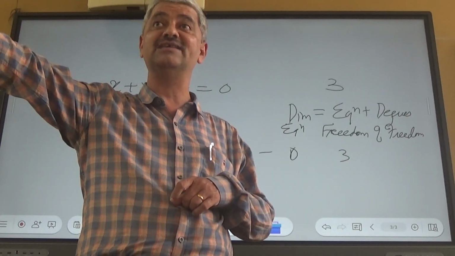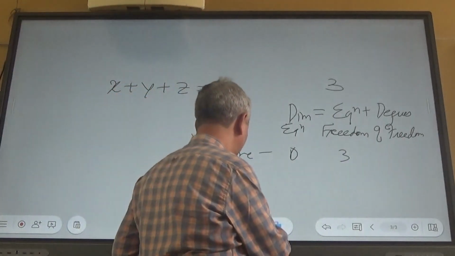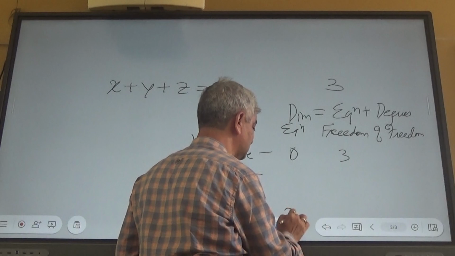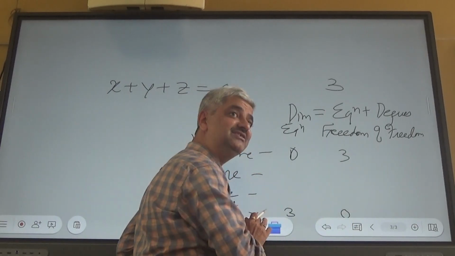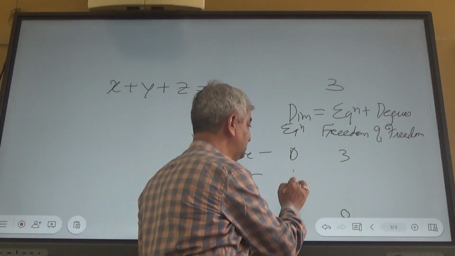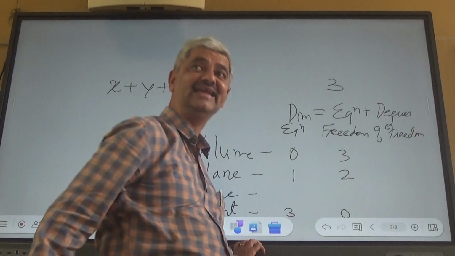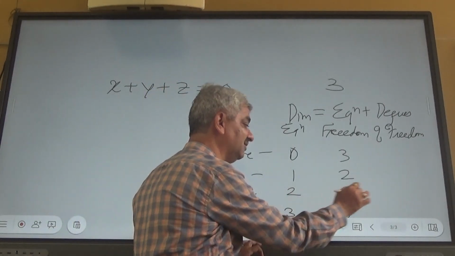So the firing room has given x, given y, given z. So 3 equations, no degrees of freedom. A plane has 1 equation, 2 degrees of freedom. And a line has 2 equations.